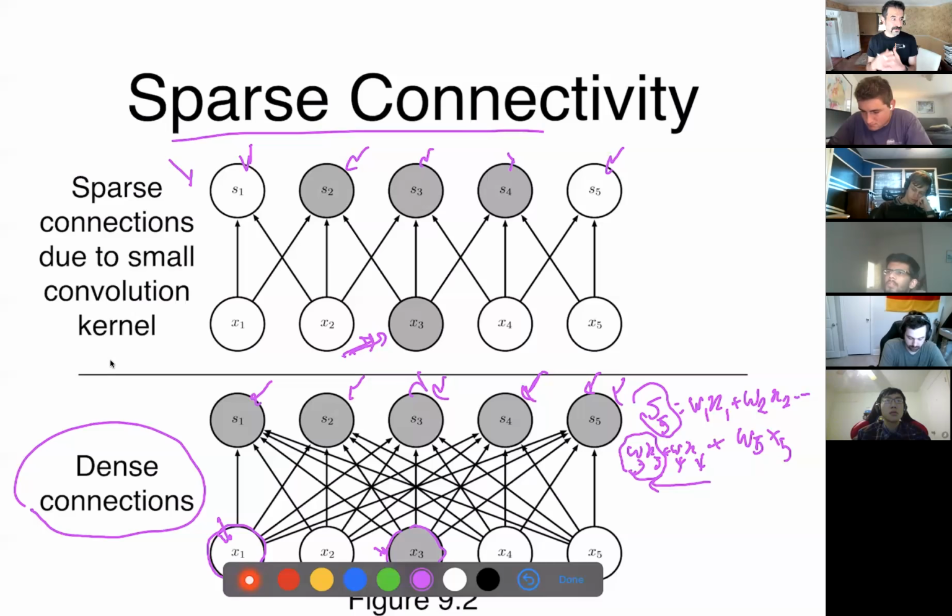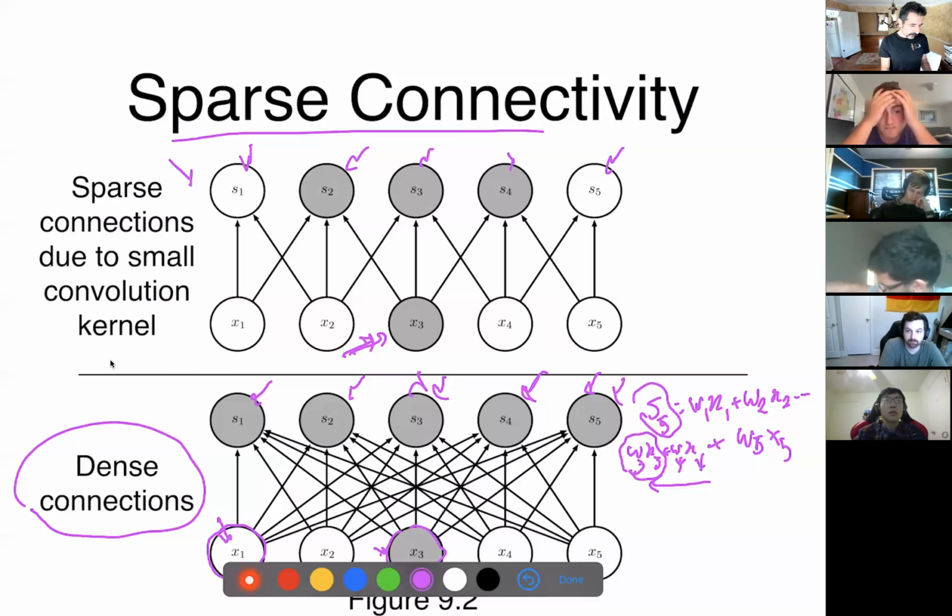These different angles are produced by the features or kernels that we have. And that was about sparse connectivity.